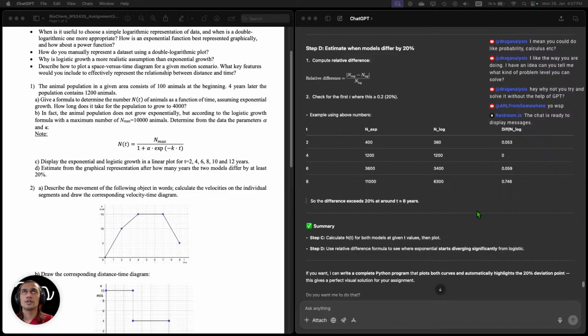So first, I use the exponential model equation to find how long it takes. Assuming exponential growth, first I have to find how long it takes. N of t... wait, first I have to come up with the rate constant. Then I find the time.